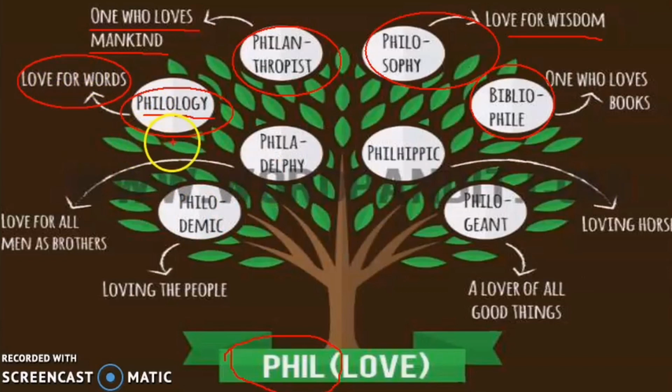And philodemic, loving the people. Philadelphia, right? We have a place called Philadelphia, no? The spelling is a bit different, but Philadelphia means love for all men as brothers. So how easy it is to learn new words.